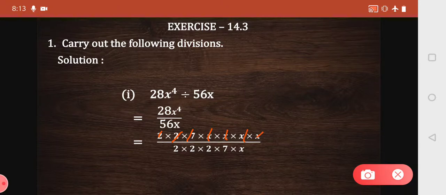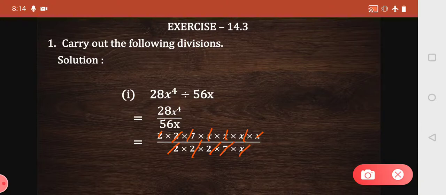Now, 56, you can take 8 sevens, and 8 when we factorize further, we get 2 into 2 into 2. So, we will write the factors of 56 as 2 into 2 into 2 into 7, and x as it is.